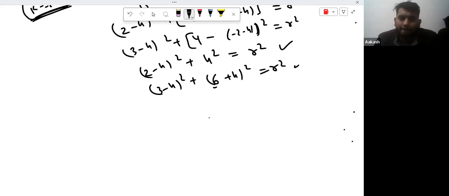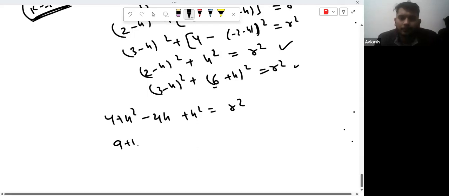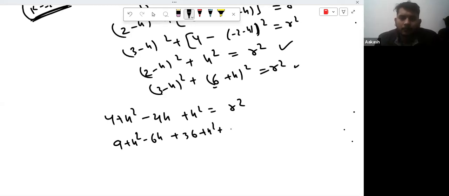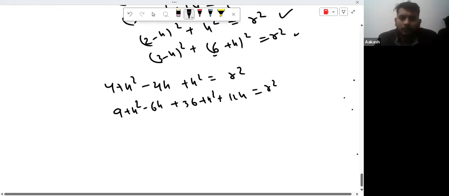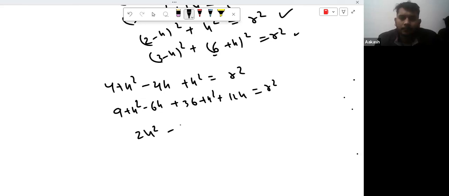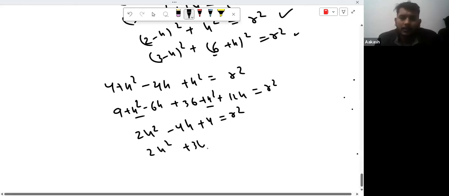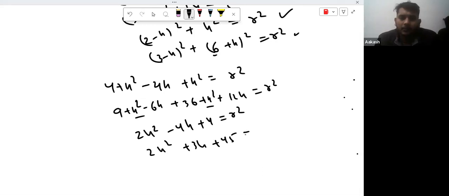Afaf, Rishita, let's see. Almost. Two h square plus 3h plus 45 is equal to r square.